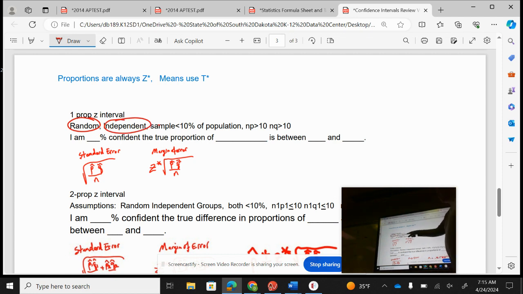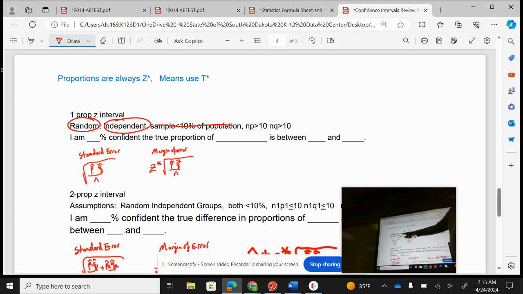The sample has to be less than 10% of the population. You shouldn't sample too much. That's never one I check for, because if you talk about independence, that's part of what affects independence. So if we've assumed independence, we usually leave that off. Then n times p has to be greater than 10, n times q has to be greater than 10. You can actually multiply the proportions, or you can just come up with the number of successes and the number of failures and see that that is there.